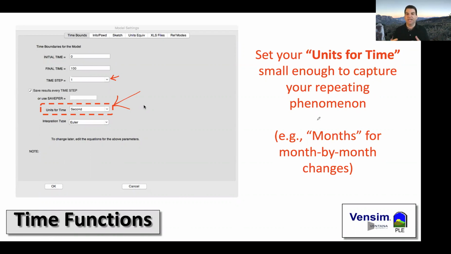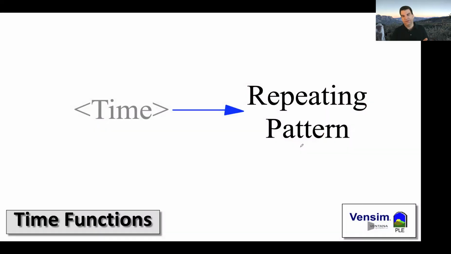That's what I mean by make sure your units of time are small enough so that in a lookup table, using those units, it's easy to specify what this parameter is. So in this case, I could set it to seconds or months or whatever.